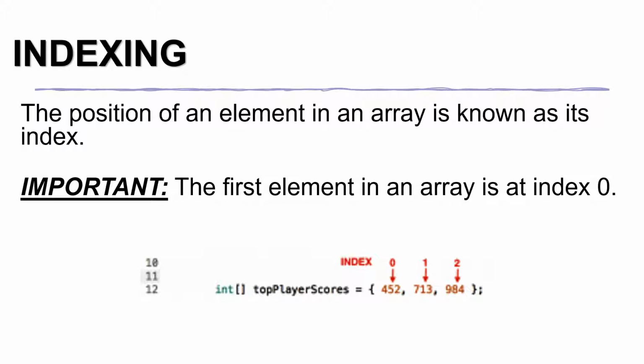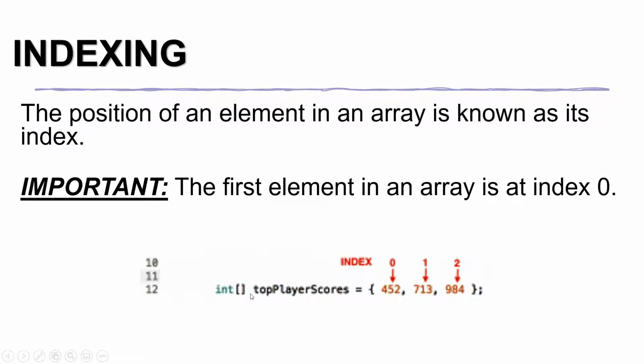We would just say that the position of an element in the array is known as the index. The last important thing about indexing, before I go into the example here, that you probably want to note to yourself is that the first element in an array is always at index 0. So we don't start counting at 1, we start counting at 0.